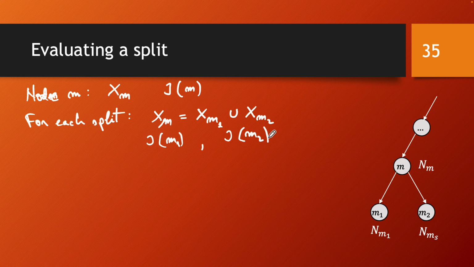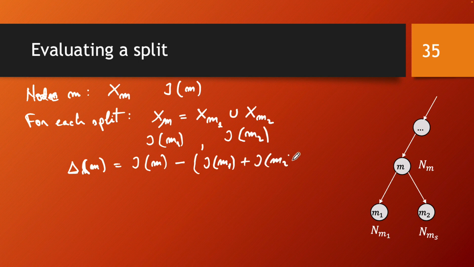And so what you're looking at is really the drop in the impurity. If I denote this by delta of M, the drop in the impurity in node M for this particular split that I'm considering is going to be simply the impurity in node M, the one before the split, minus what I got after the split. And that's the sum of the impurities in node M1 and M2.